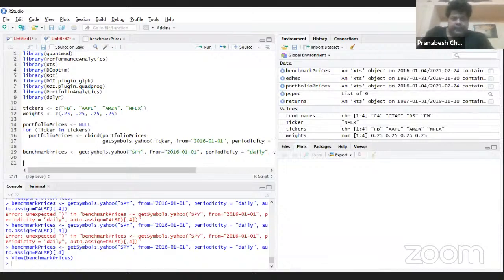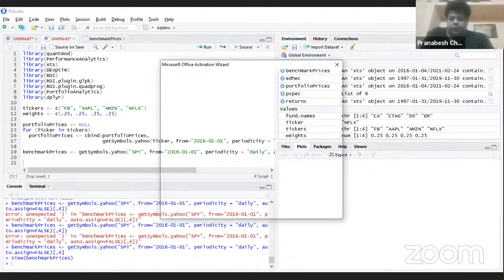Can anybody tell me what a CAPM model is? No one? Capital asset pricing model. Yeah, what is it basically? Okay, let's briefly go to that model.